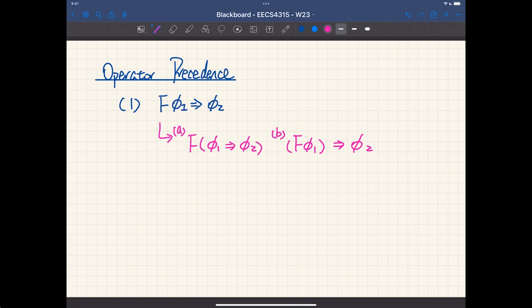To me, A looks wrong, because wouldn't the implication between two of these phi's be a true or false value? Absolutely. That's good. But remember, this one here is also a formula that's going to be evaluated on the state graph or the trace. It gives you true or false.